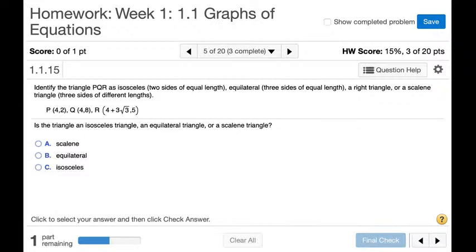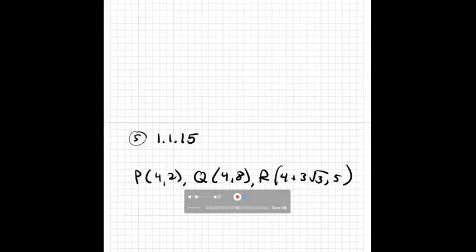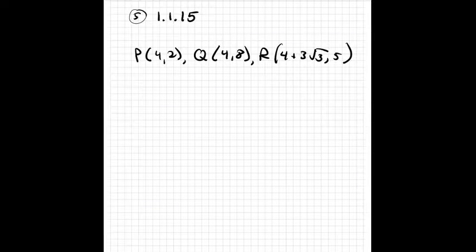Let's go like this so I can show my notes. Okay. So first, let's start with the distance between P and Q. Again, distance formula, square root of x2 minus x1 squared plus y2 minus y1 squared.